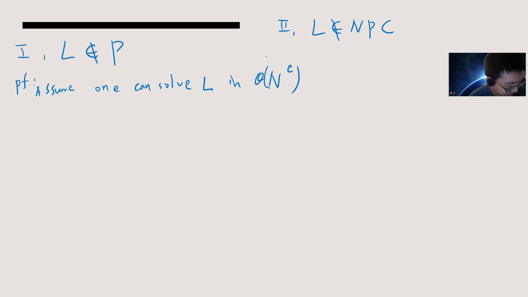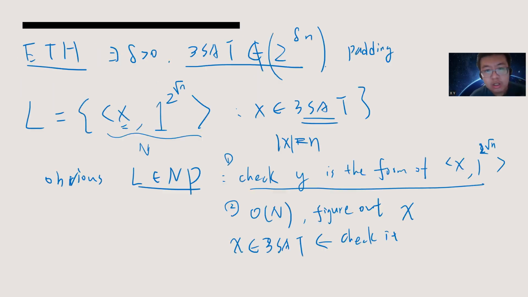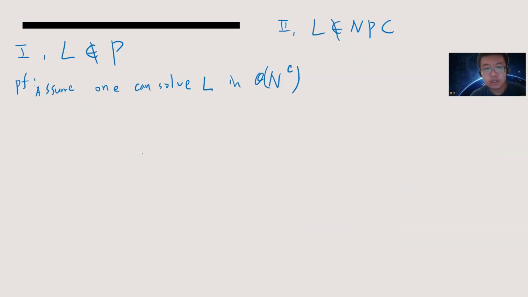Suppose one can solve this L deterministically with capital N input in N to the c time. Then we want to derive a contradiction, that SAT cannot be solved in sublinear time.